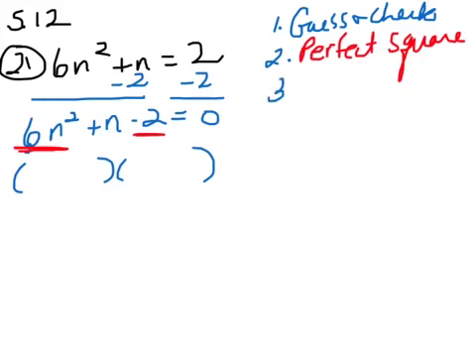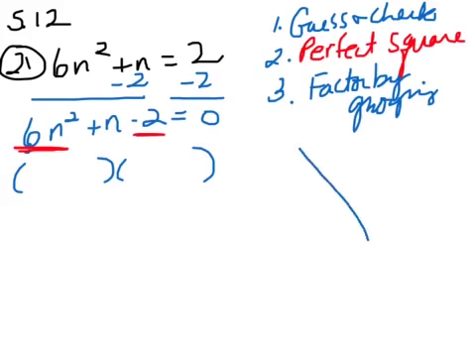And so our third thing we can do is factoring by grouping, and the majority of the class is doing this. That's what I'm going to do to solve this. If I'm factoring by grouping, I'm taking advantage of some things I already know how to do. I'm trying to multiply, but instead of just getting the number on the end, I have to take this 6 that I underlined in red and the negative 2 at the end.